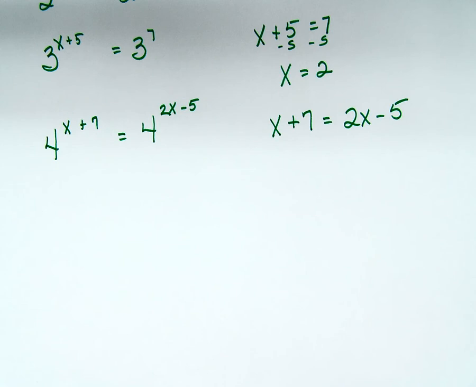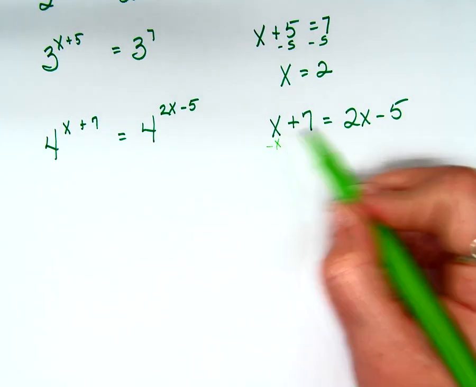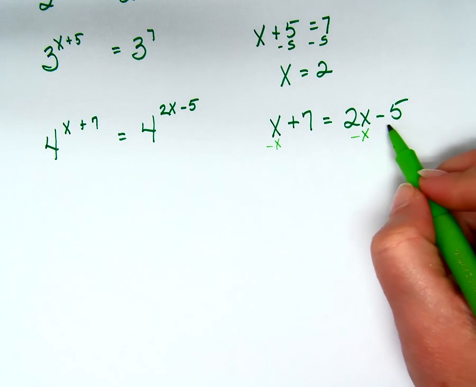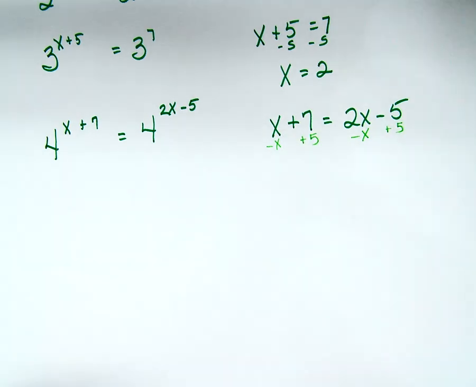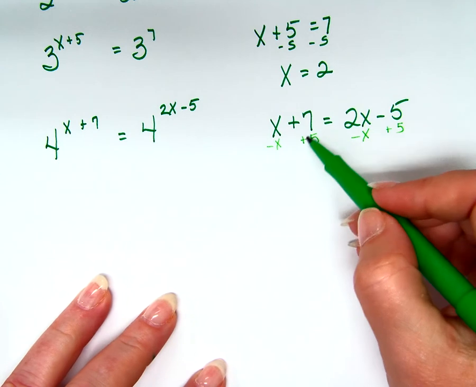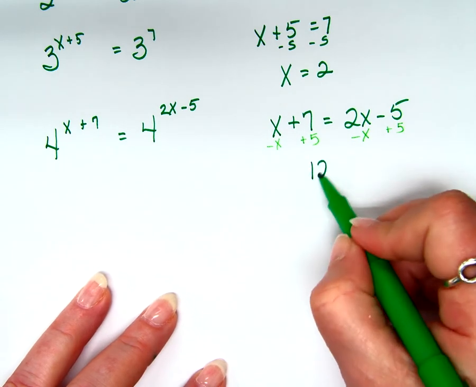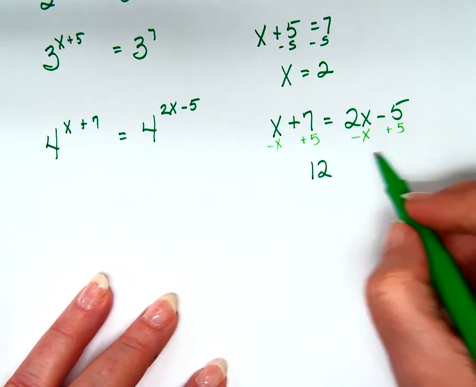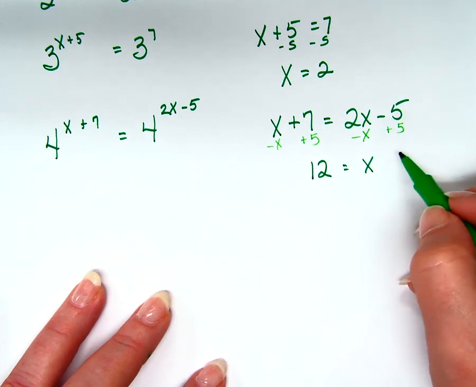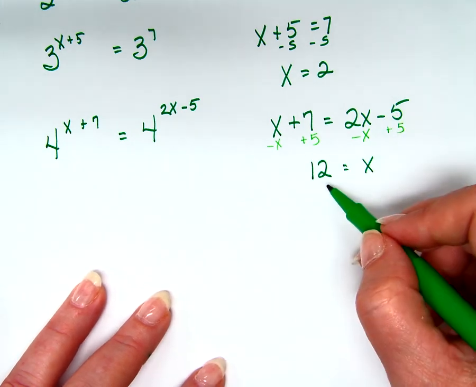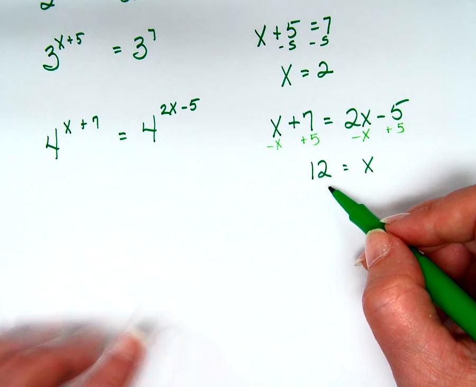How do I go about solving this one? Subtract x and add 5. Good. So x minus x is 0. 7 plus 5 is 12. 2x minus x is x, and negative 5 plus 5 is 0. X equals 12.